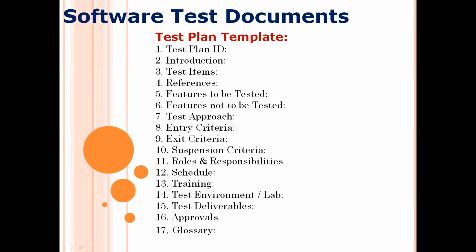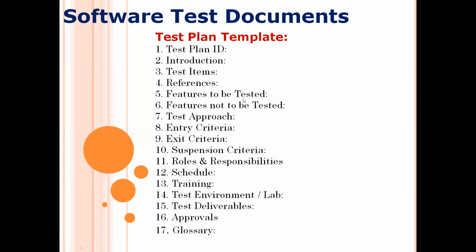These are things you intend to test within the scope of this test plan. Next, references. List all documents that support this test plan. Refer to the actual version, release number of the document as stored in the configuration management system.